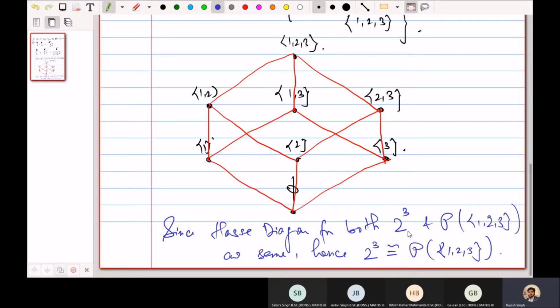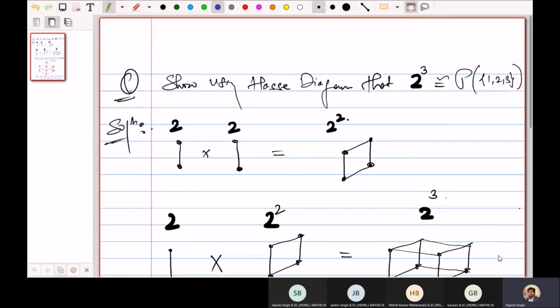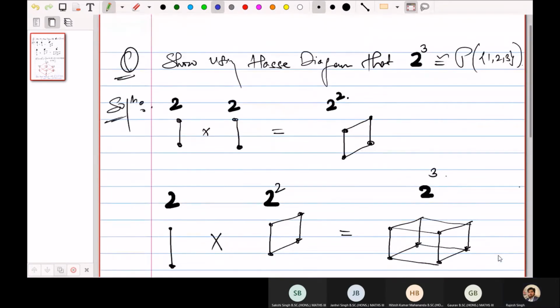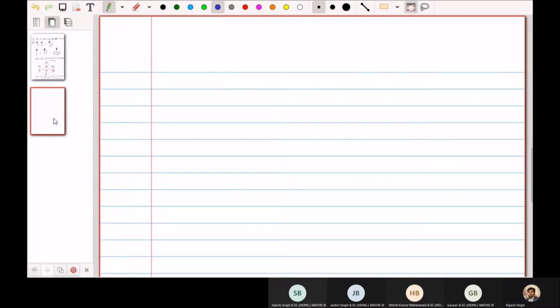Fine. So this is how you can show using a Hasse diagram that the two are isomorphic. Okay. Is it clear? Is it clear, everyone? Yes.